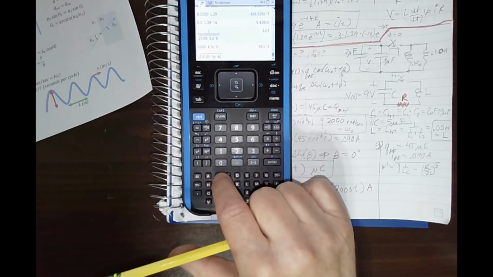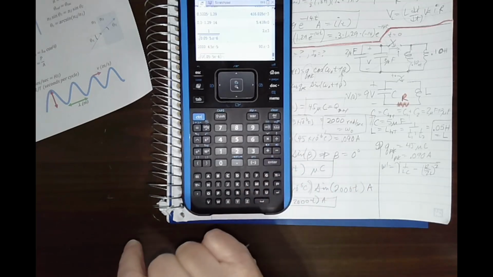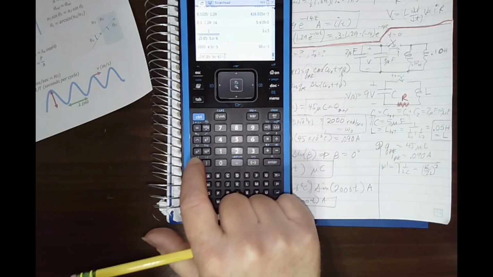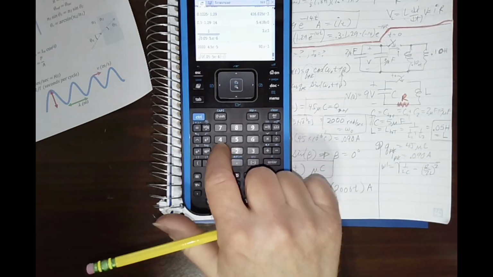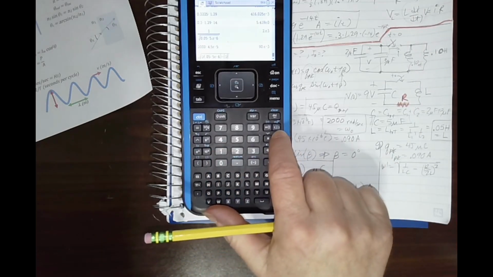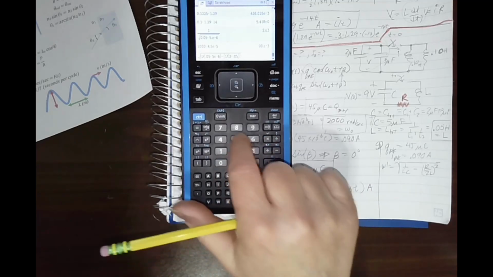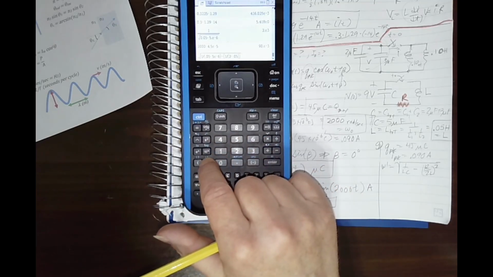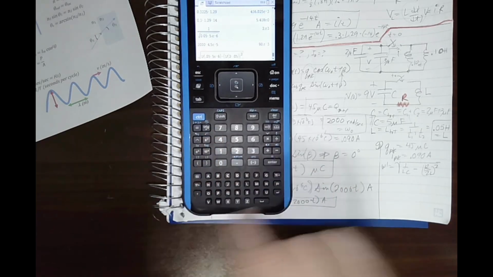Close those parentheses. We've got 1 over LC, and then we subtract from that, in parentheses, R, which is just 1, divided by 2 times L, 0.05. Close those parentheses, close these bigger parentheses, and square that.